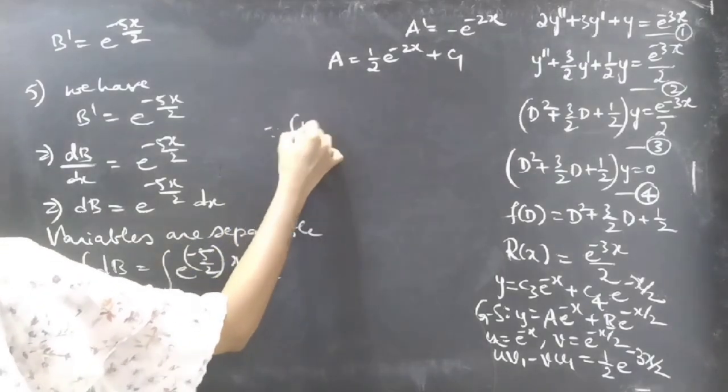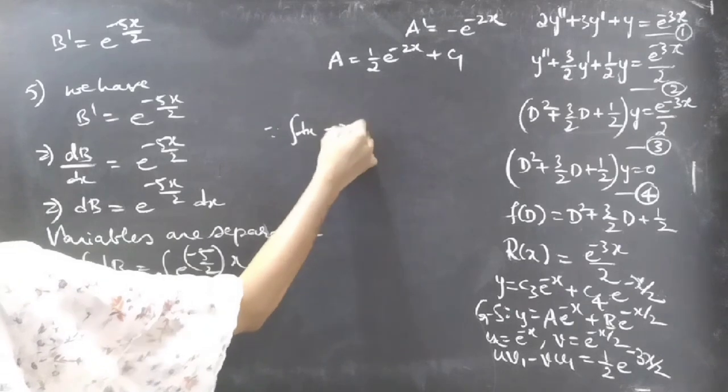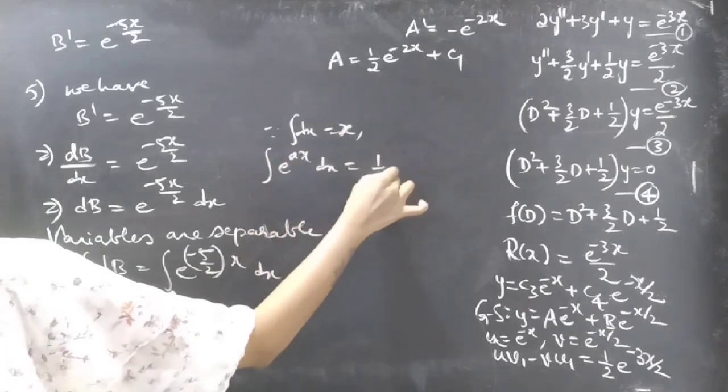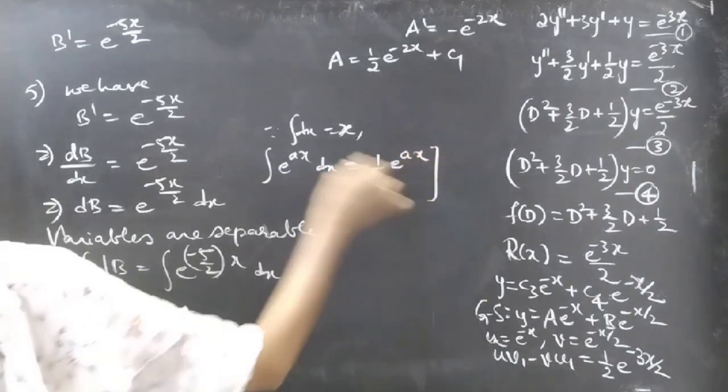Since we know that integral dx equals x and integral e power ax dx equals 1 by a e power ax, right?